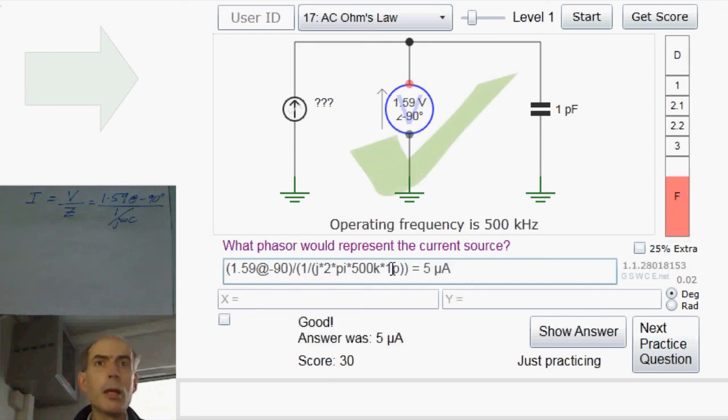Boom. And just let the inbuilt calculator sort all that out, and it will give you a 5 microamp and phase 0. If the phase is 0, it doesn't bother to write at 0, it'll just say 5 microamps. It's a real 5 microamps. Okay, that's probably enough to get you going with level 1 of AC Ohm's Law.